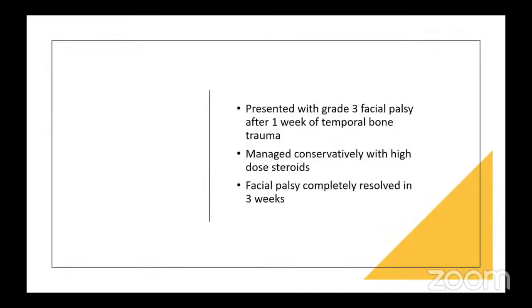However, he presented to ENT with grade 3 facial nerve palsy within a week of that temporal bone trauma. This was deemed delayed facial nerve palsy, managed conservatively with high-dose steroids, and the facial palsy completely resolved in 3 weeks.